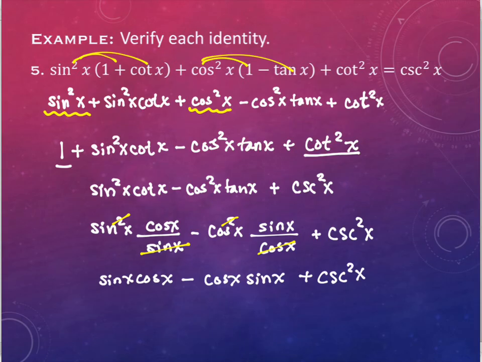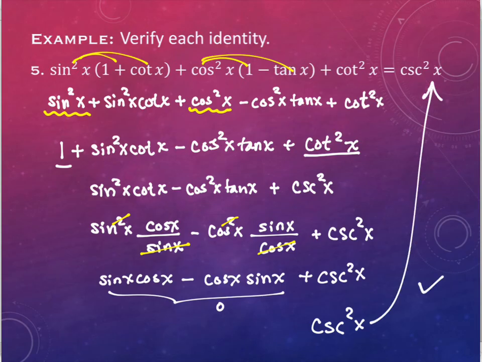That's second to third grade. It works with functions as well. So sine times cosine is the same as cosine times sine. These two add to 0, right? This is 0. So this just leaves me with the cosecant squared of x, which is great because that's what we wanted. That is the answer that we were shooting for.